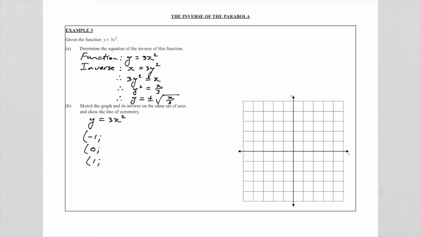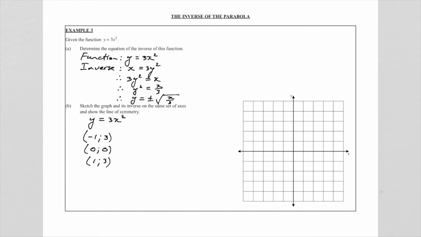When x is minus 1 and I substitute it in, because I square it, I will get positive 1 times 3, and your answer will be 3. If x is 0, then y is 0. And when x is 1, 1 squared is 1 times 3, and that will be 3.